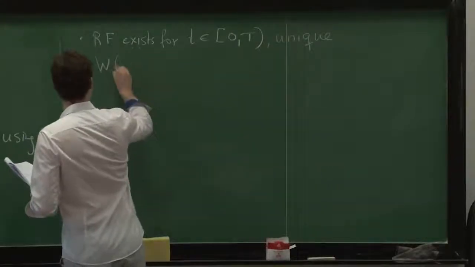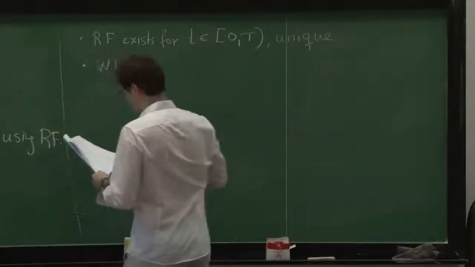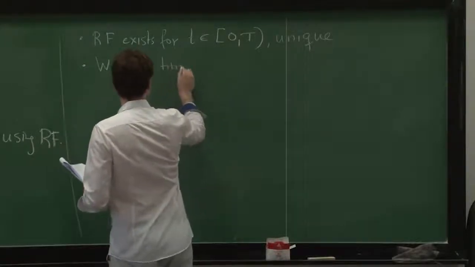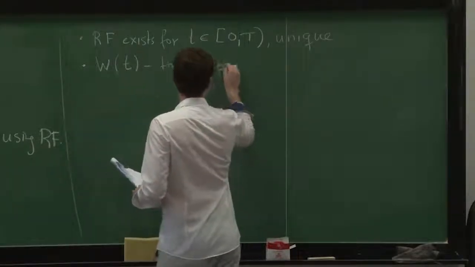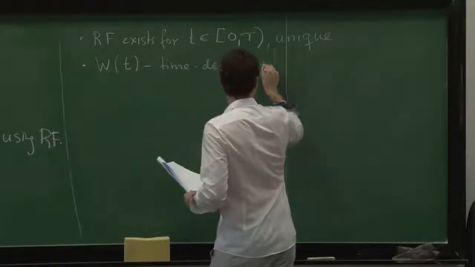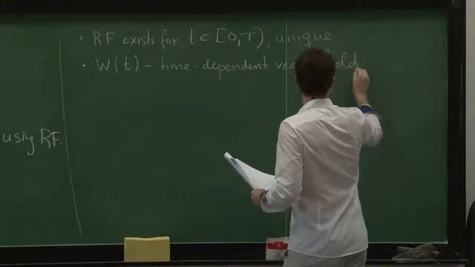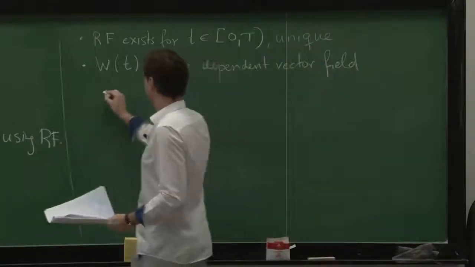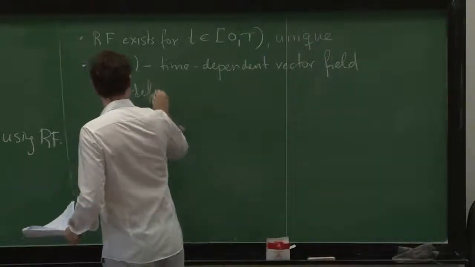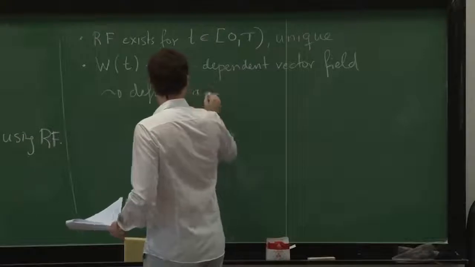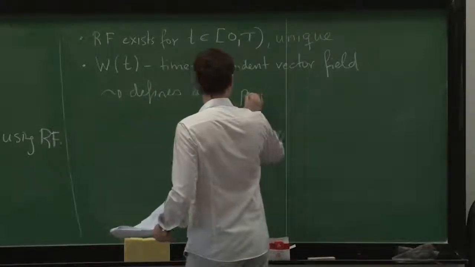So what happens? We have some time-dependent vector field, and this time-dependent vector field defines a one-parameter family of diffeomorphisms.